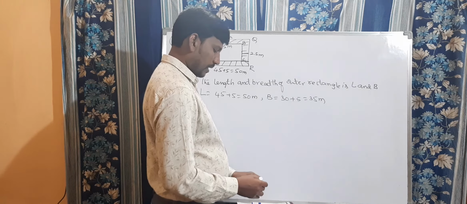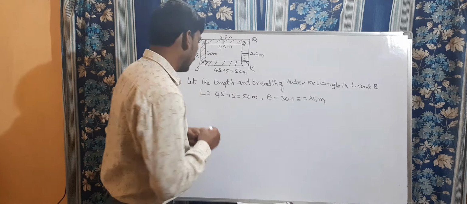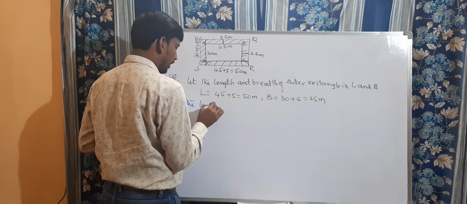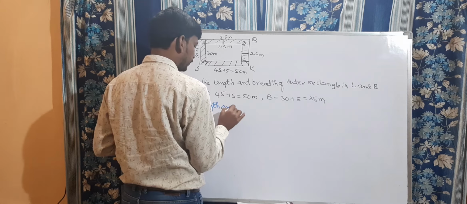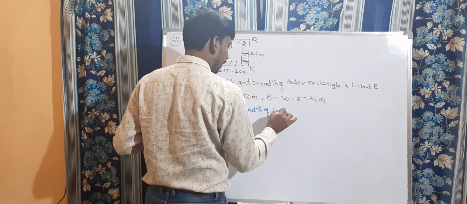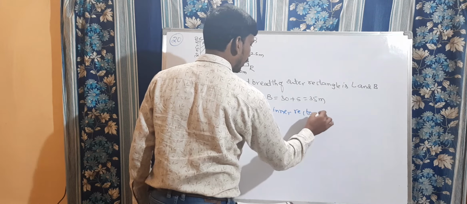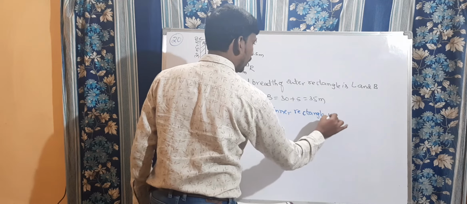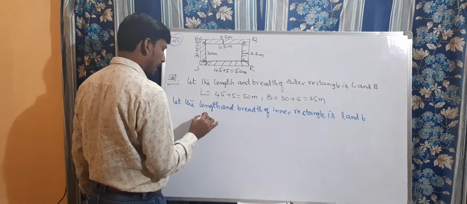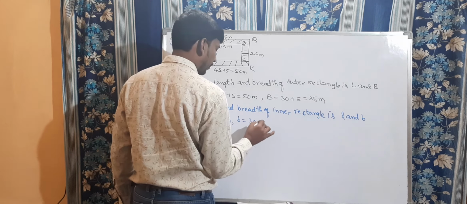So that is the length and breadth of outer rectangle. Now let the length and breadth of inner rectangle be small l and small b, where small l is equal to 45 meters, small b is equal to 30 meters.